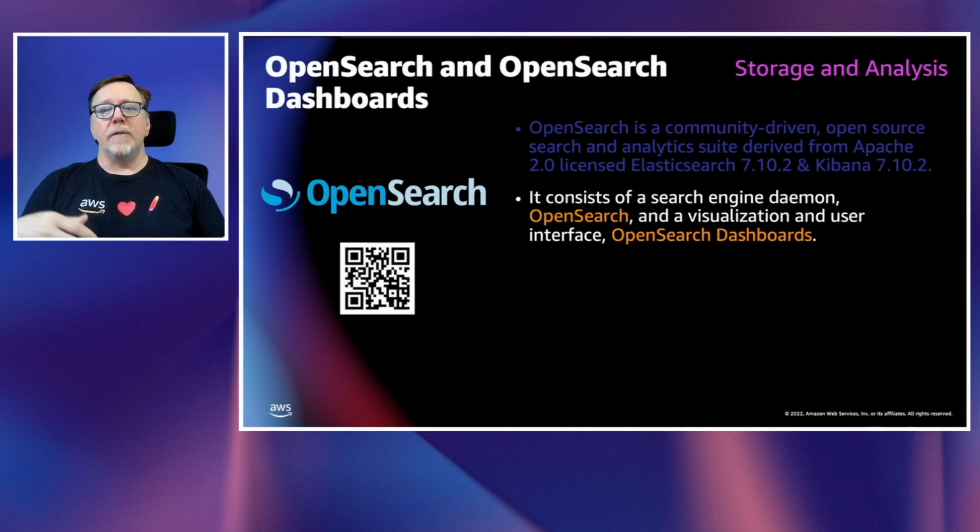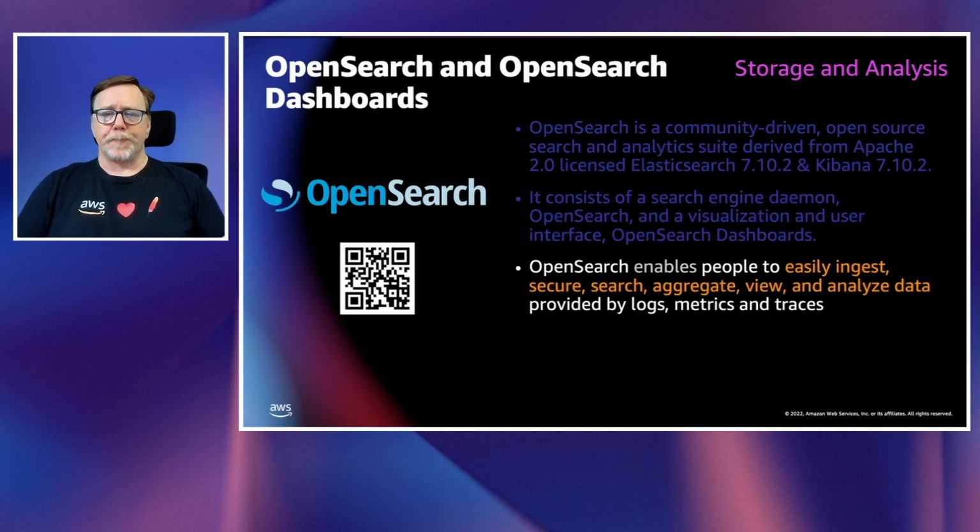The project itself consists of OpenSearch, which is a search engine and visualization engine, as well as OpenSearch Dashboards, which is a UI and visualization layer, and includes plugins that enable things like alerting, anomaly detection, deep level of security, a bunch of different functionality that's provided by those plugins.